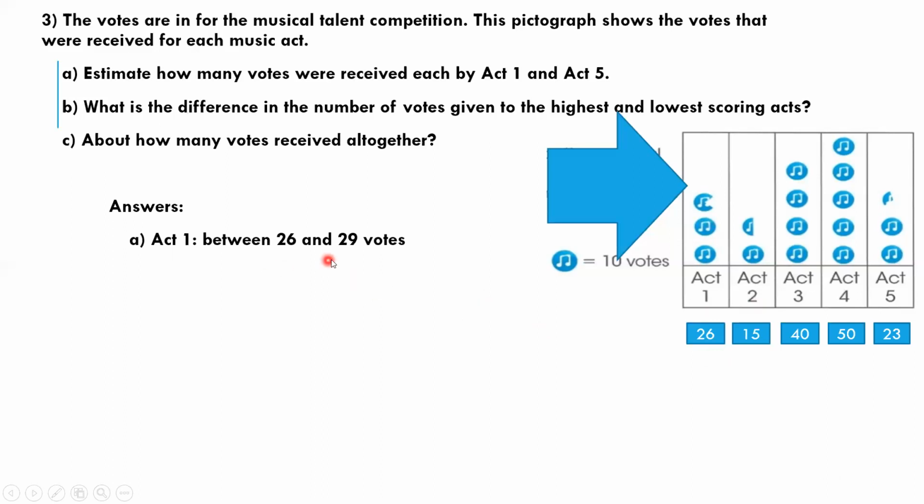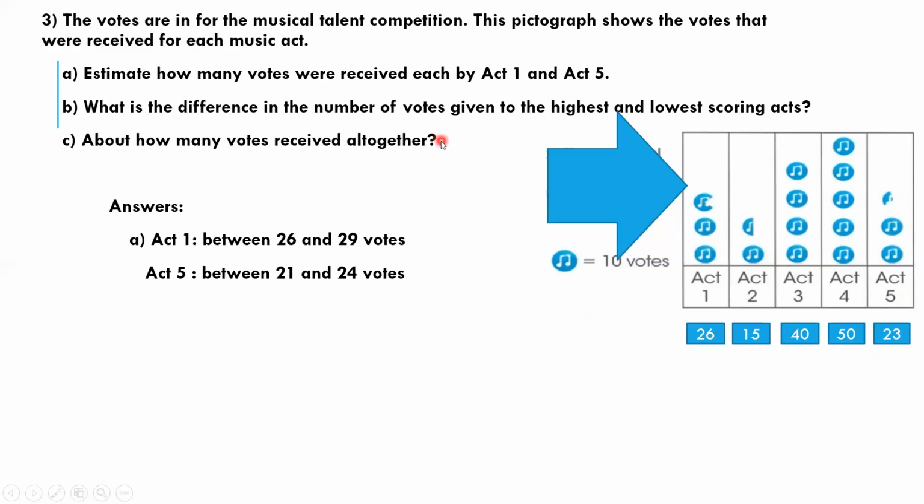Now, the next one, we need to find the votes for Act 5. Act 5, we have made it as 23, but we can write it as an estimate between 21 and 24. Clear?